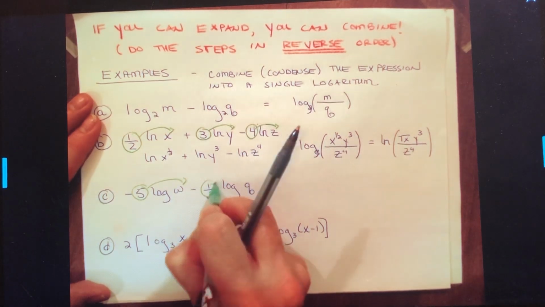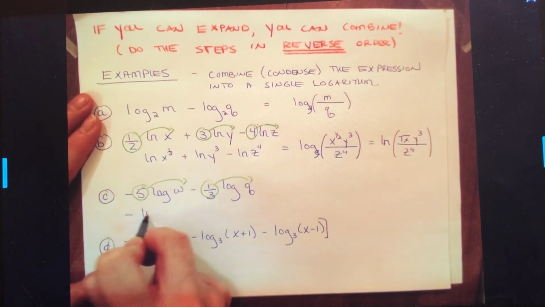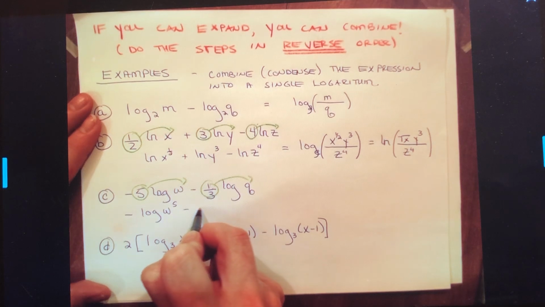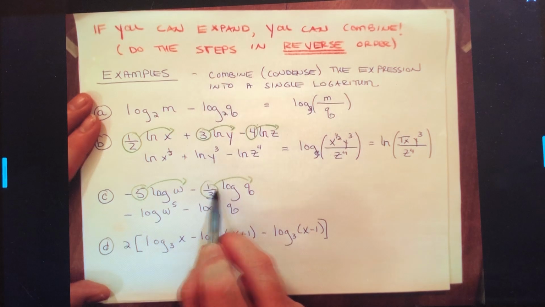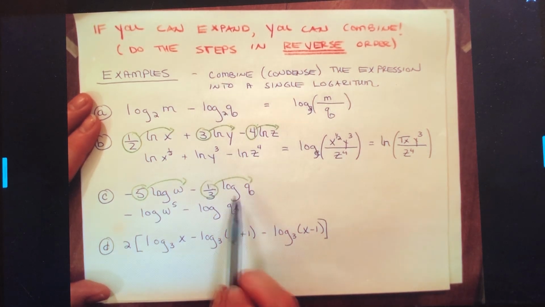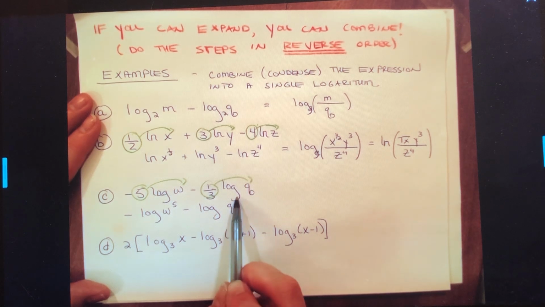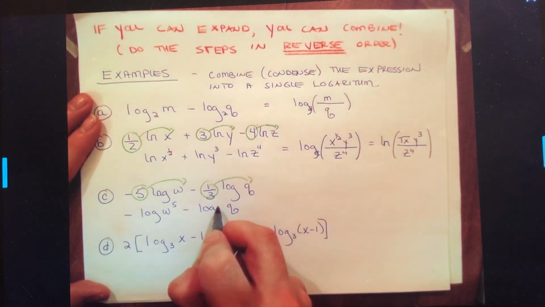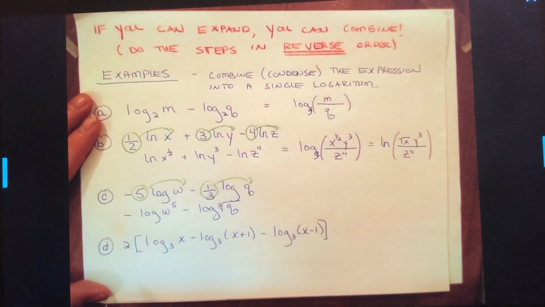So what we really have here is minus the log of w to the 5th, and then minus the log of q to the 1/3. Since I'm going to have a fractional power, I'll write it in radical form now, which is the cube root. You don't have to do that at this step.